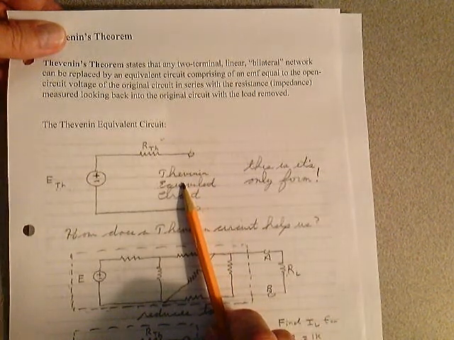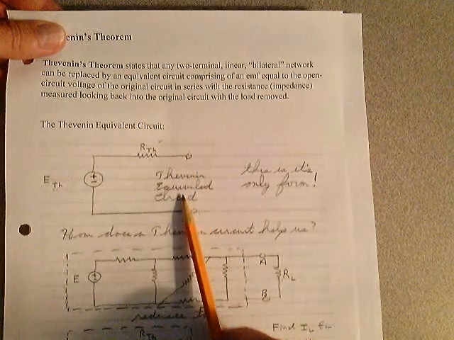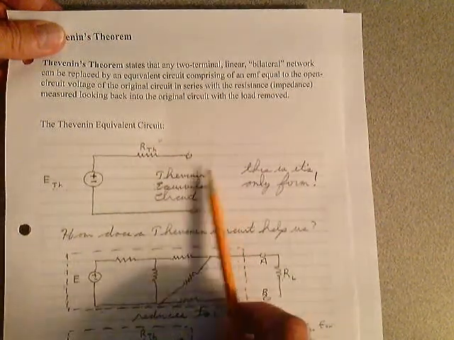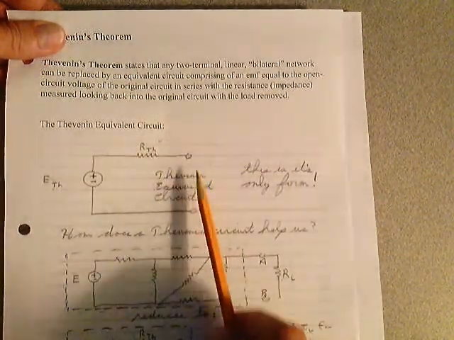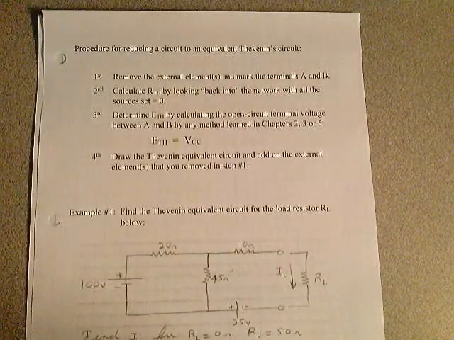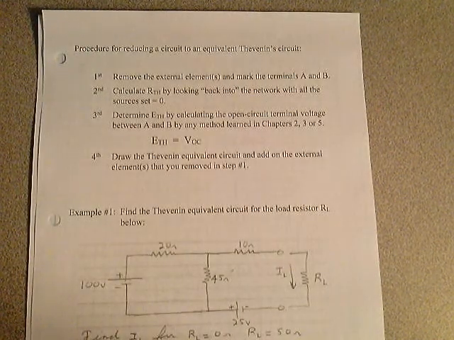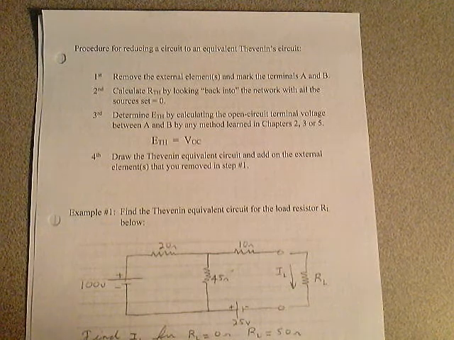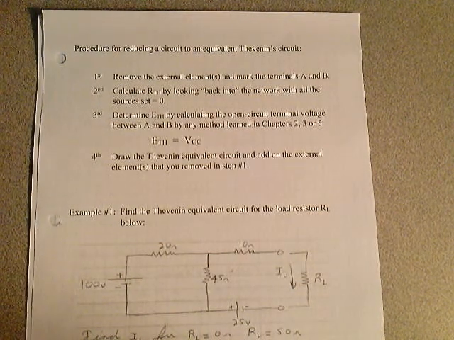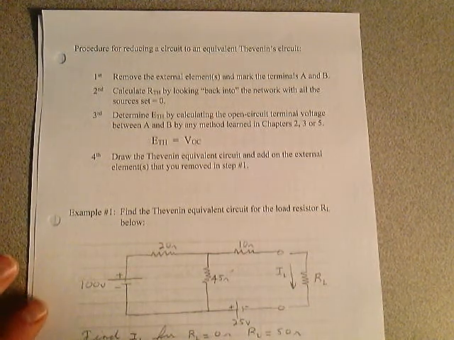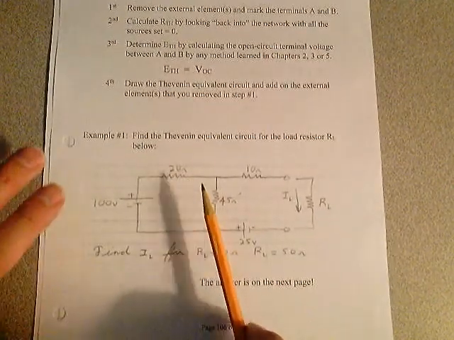And I think you'll see, once you do that, you can make changes to these loads very quickly and calculate currents and voltages and powers. You don't have to go back to the original circuit, which could be very complicated, for each particular problem of load resistance.